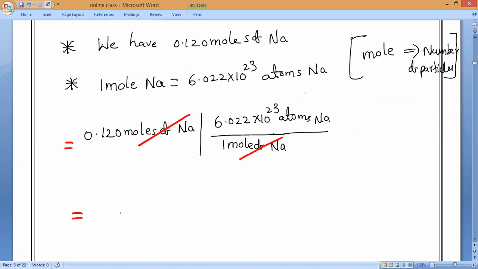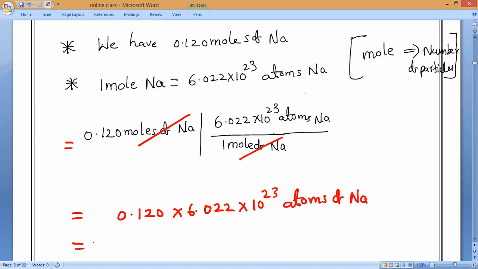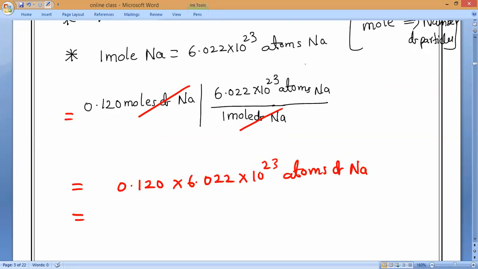So what is remaining? 0.120 into 6.022 into 10 power 23 atoms of sodium. If you multiply this, everybody multiply and tell me how much it will come. 0.120 into 6.022, multiply it and tell me.